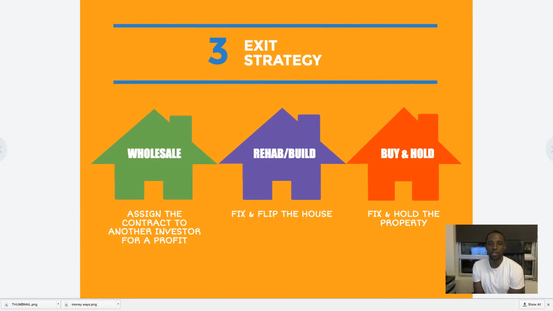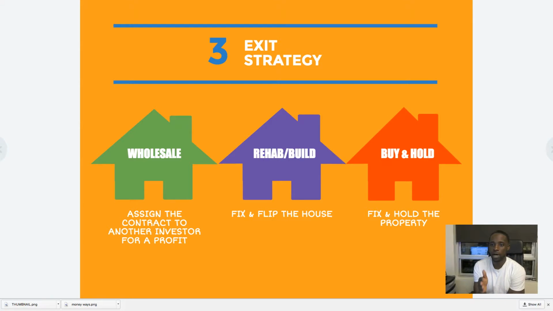So then number 3, there's an exit. Now let's say you got the house at an investor's price. Depending on the price you got the house at, there are 3 different exit strategies. You can assign the contract to another investor for a profit. You can fix and flip the house, so you can rehab it, or if you buy land, you can build a new structure on that land and make a profit that way.